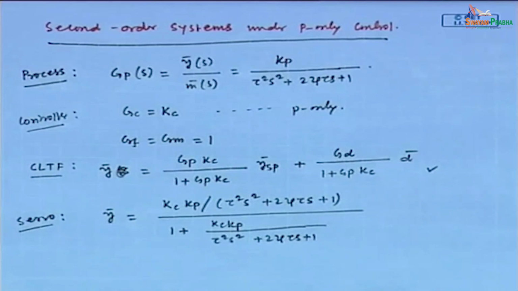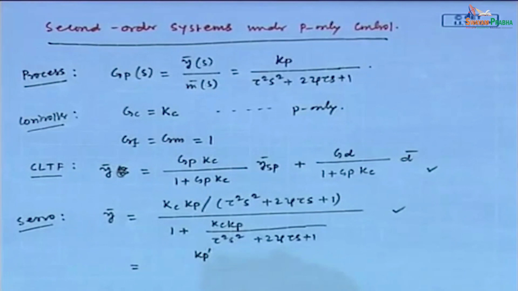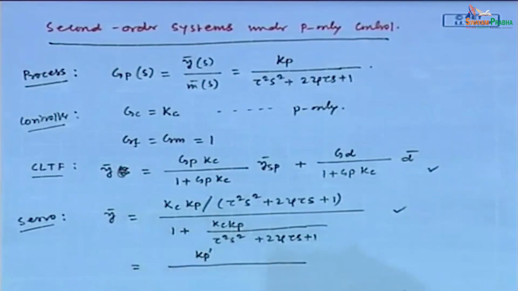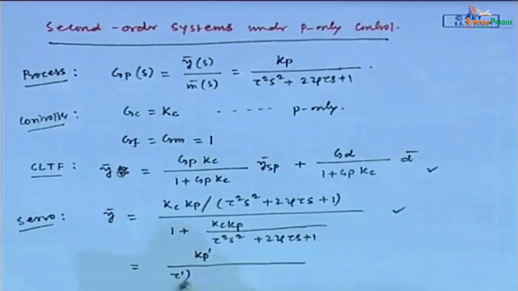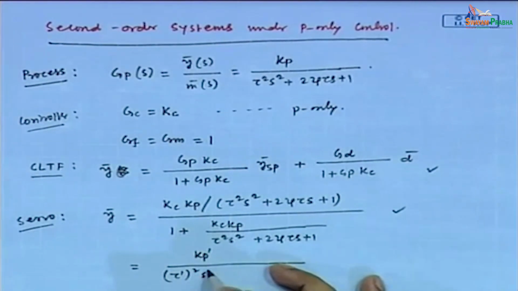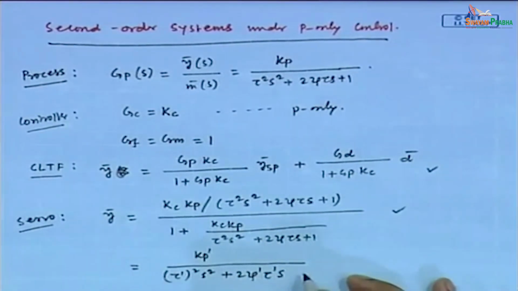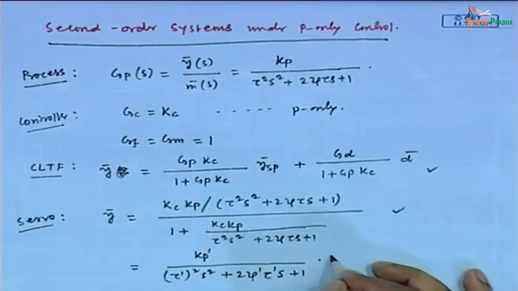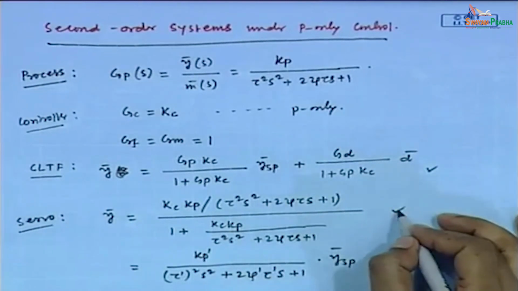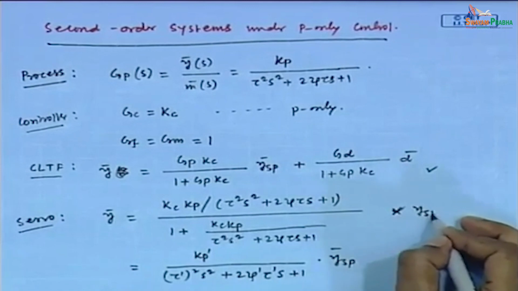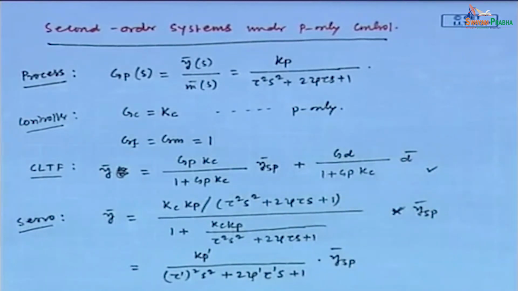Substituting the transfer function of the open loop process, we obtain this expression. Now, we can represent this transfer function as y prime equals Kp prime divided by tau prime square s square plus 2 zeta prime tau prime s plus 1, times y set point bar.